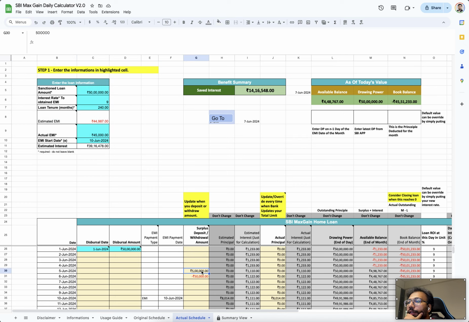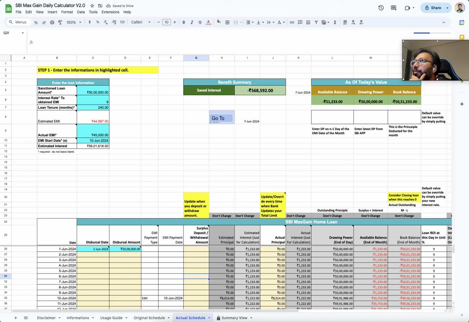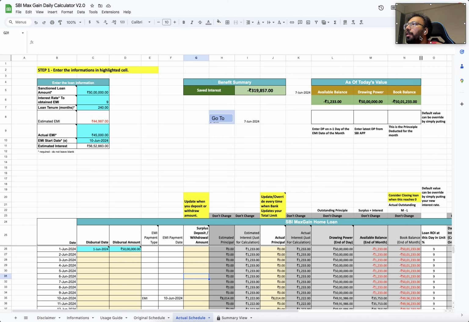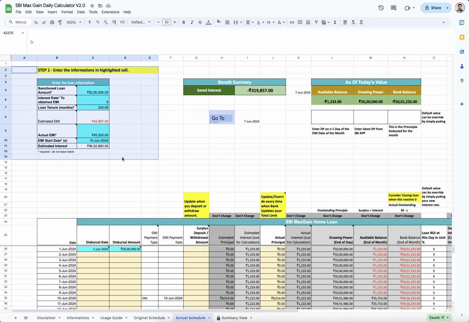Let me remove any values from here currently, and I'm keeping this. Okay, let me do one thing. So this is the table that we saw, as it is, coming here.